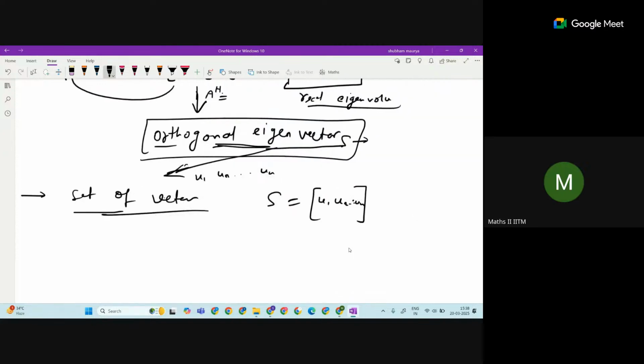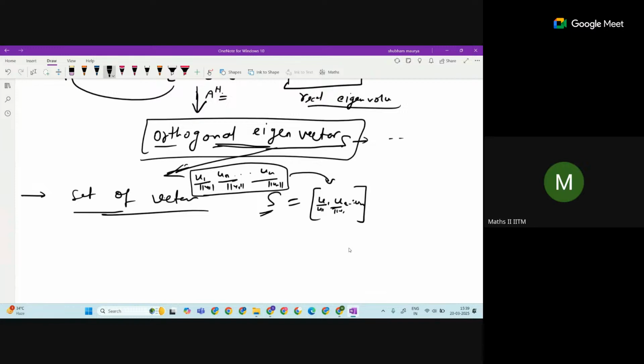If we get the eigenvector, let's say u1, you can divide by its norm, and then it will become orthonormal. So let's form the matrix using these orthonormal vectors.